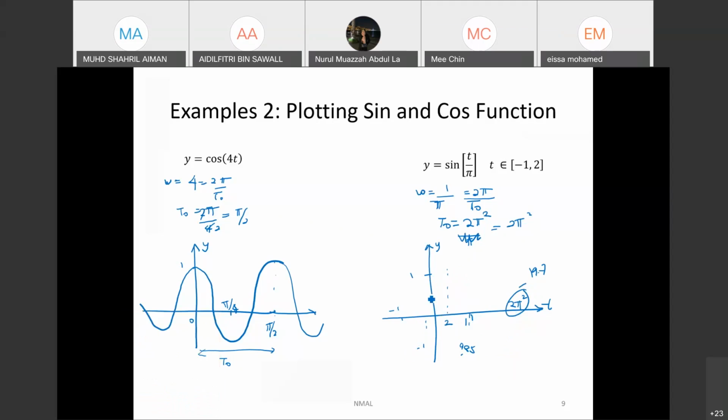This sine should be something like this. If t is between -1 and 2, then you can draw something like this.